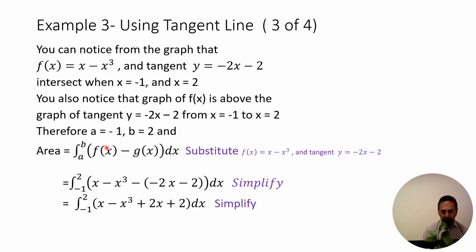And so this is basically a formula, integral from a to b of the function which is above minus the function which is below, or the function which is greater than the other function. So here f of x is x minus x cubed, g of x is -2x plus 2. As usual, put parentheses whenever you're subtracting and you have more than one term. Now we distribute. So negative becomes 2x minus 2. Now combine the like terms.